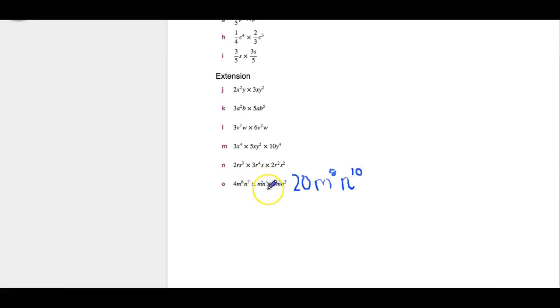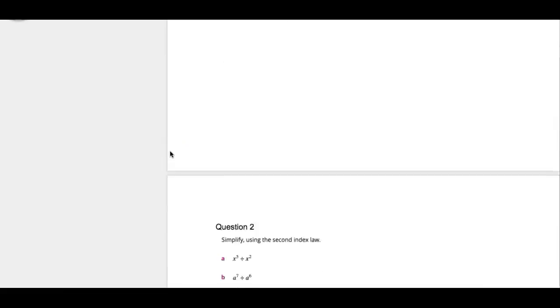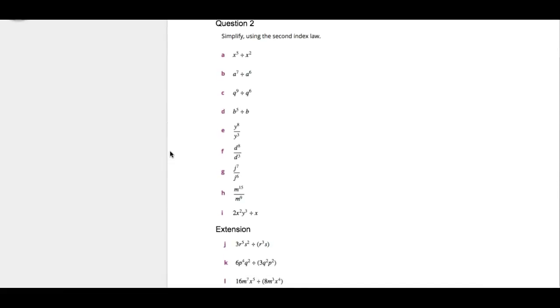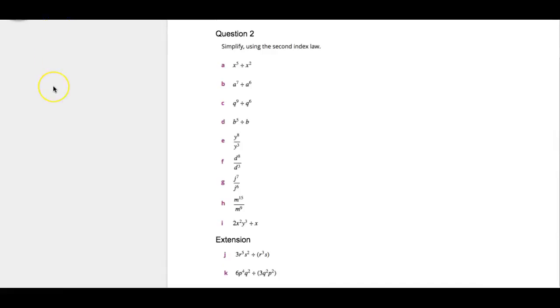Okay, so don't forget those bases. If there's no power written there, it's just the number 1, and you can't forget that one. Okay, so sometimes it's easier actually just to write it in so you don't forget to add it. All right, let's move on to the next one. If you wanted to pause here and then do those questions, you can, or you can just keep watching, it's up to you.